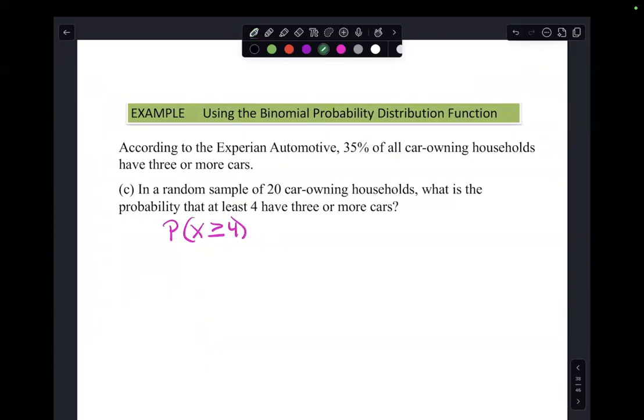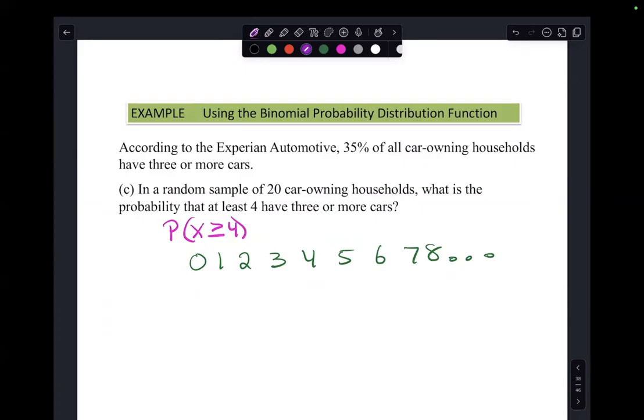In our trial, we could have 0 successes, 1 success, 2 successes, 3, 4, 5, 6, 7, 8, dot, dot, dot, all the way up to 20.